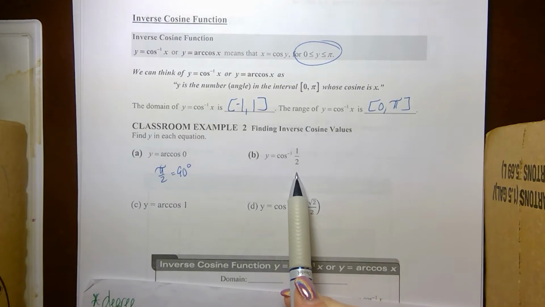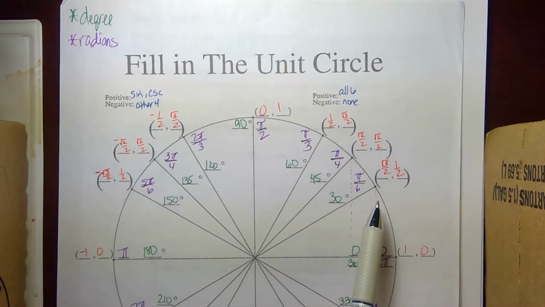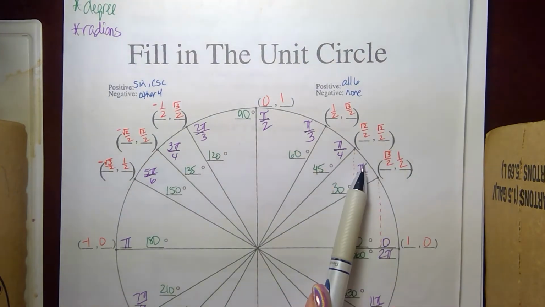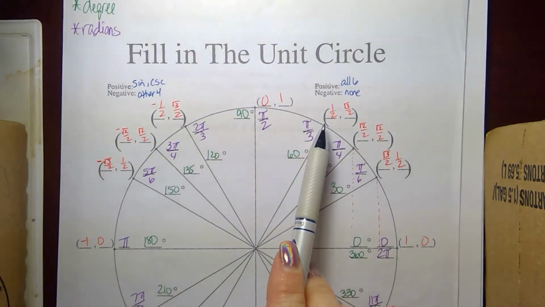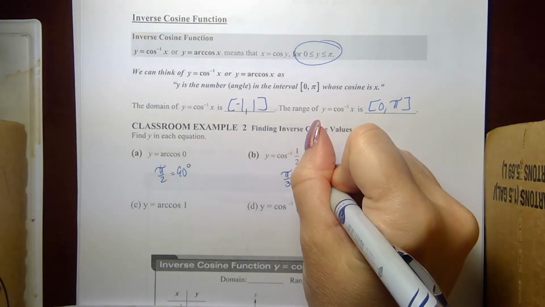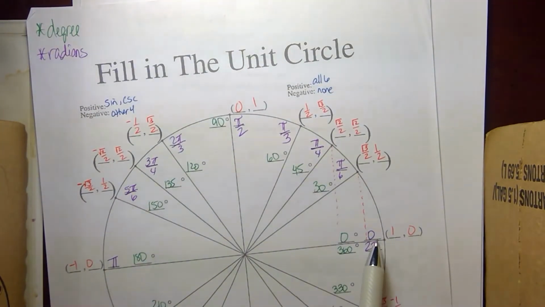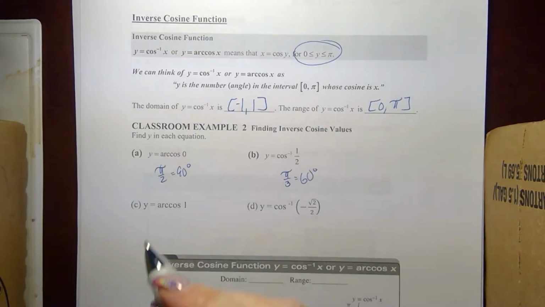Where's my cosine function value of +1/2? Well, cosine inverse is positive, and cosine function values are positive in quadrant 1. They're +1/2 at pi third, or 60 degrees. What about a cosine function value of +1? Well, that happens at 0 degrees, 0 radians.